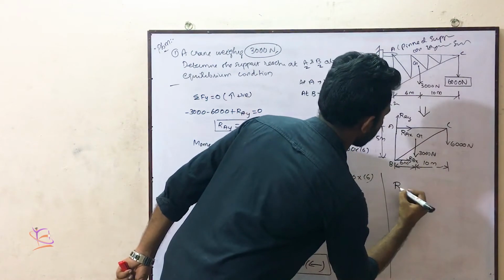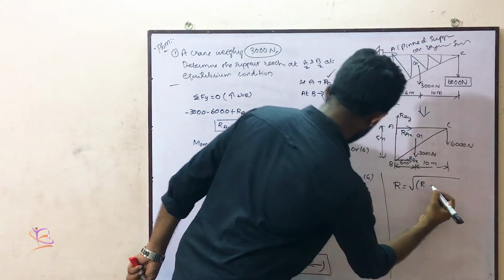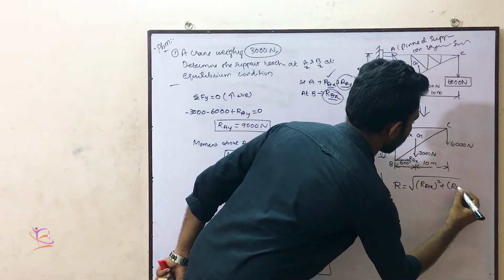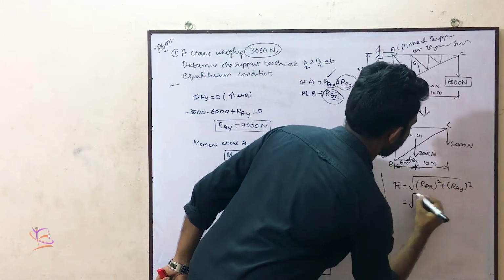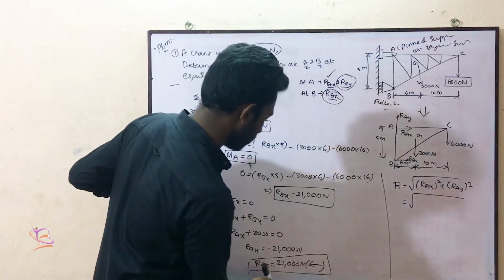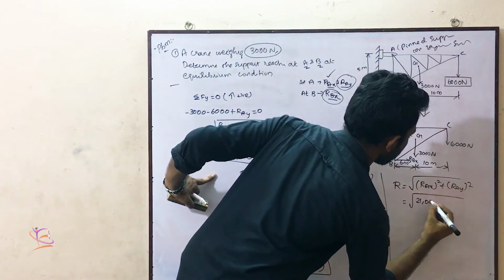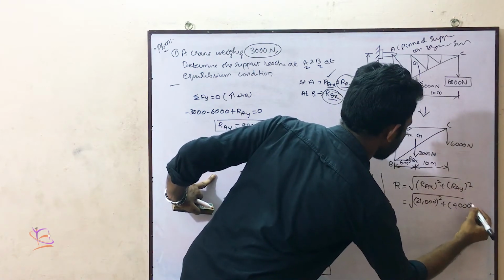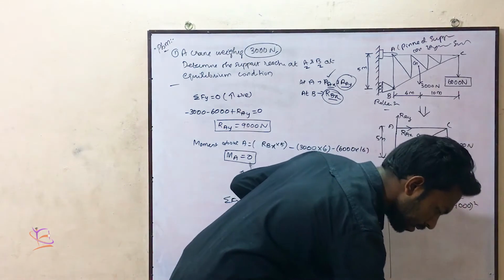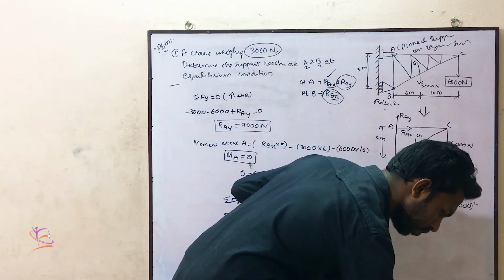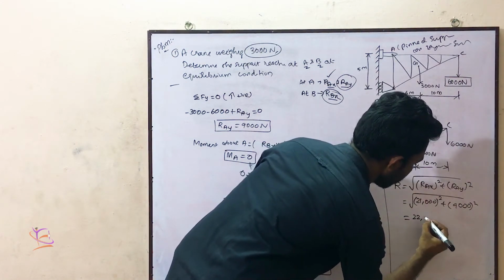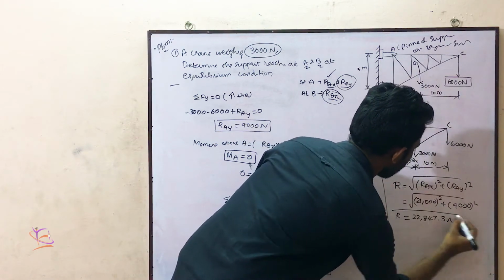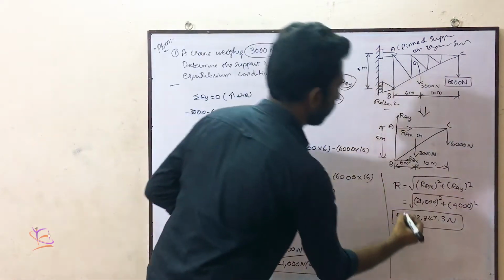The resultant R is equal to root of RAX squared plus RAY squared, equal to root of 21,000 whole square plus 9,000 whole square. You got the resultant answer 22,847.3 Newton. This is the resultant reaction force at the point A.